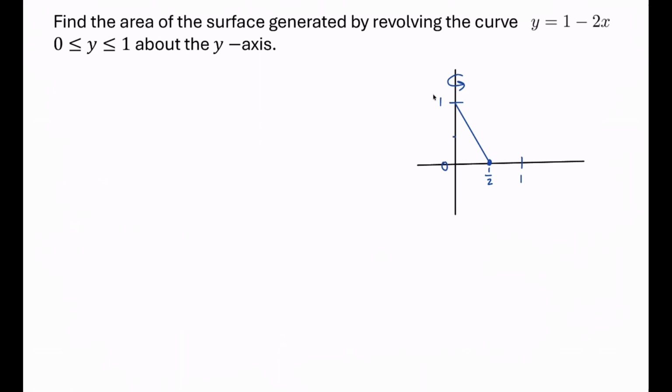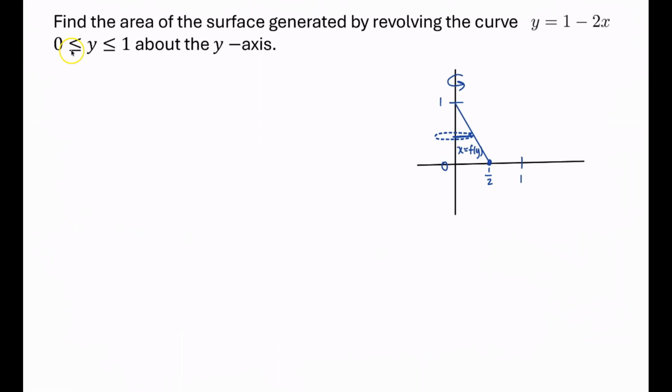If I just pick some random y value there, and I think about that circle, then what I really need is the radius of that circle. That radius, right, is an x value. So this is a little horizontal line because I'm rotating around the y-axis. So this is some x equals f of y.